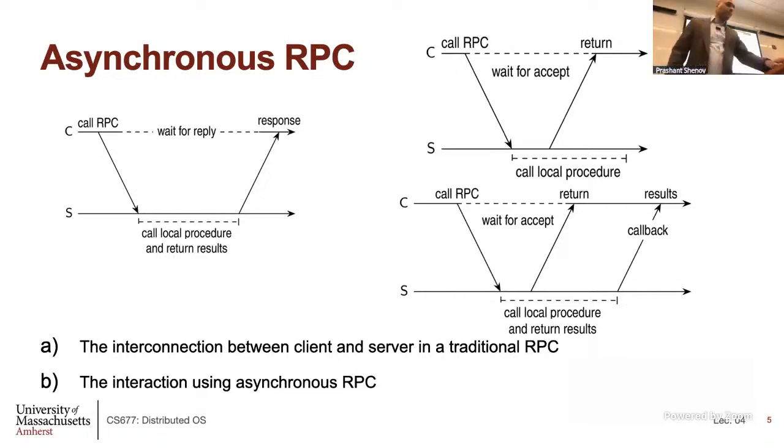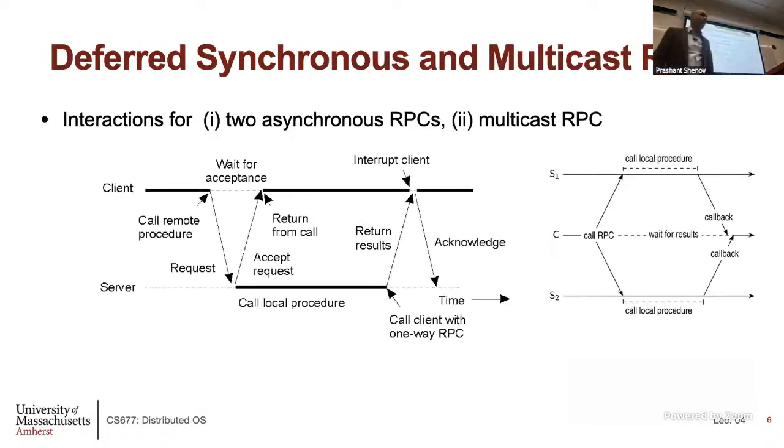All right. So here is our deferred synchronous RPC, where we use two asynchronous RPCs. One where you make the request to the server, and then you continue execution, and then the server executes the called procedure, and then the return value is sent as an RPC in the other direction, an asynchronous RPC.